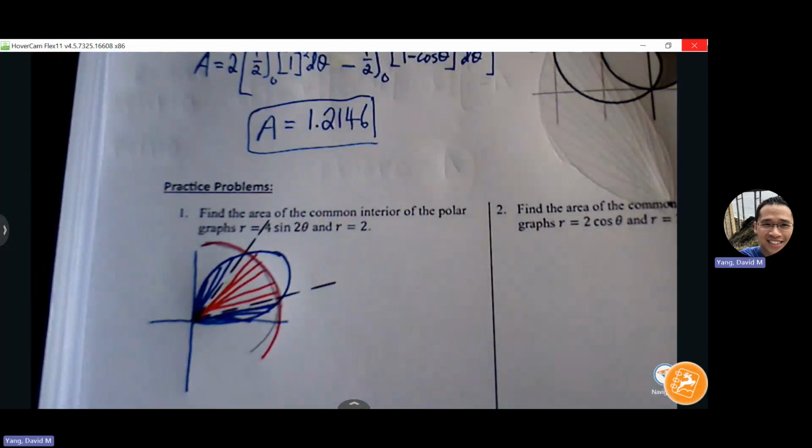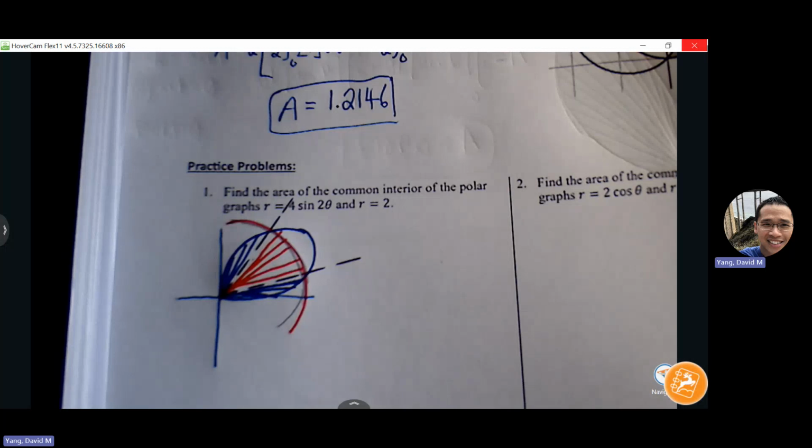So here's the strategy. We've got to think of this as 3 separate regions. We need to find the area from 0 to this first intersection for the rose curve. And then from this intersection to this intersection will be the circle sector region.